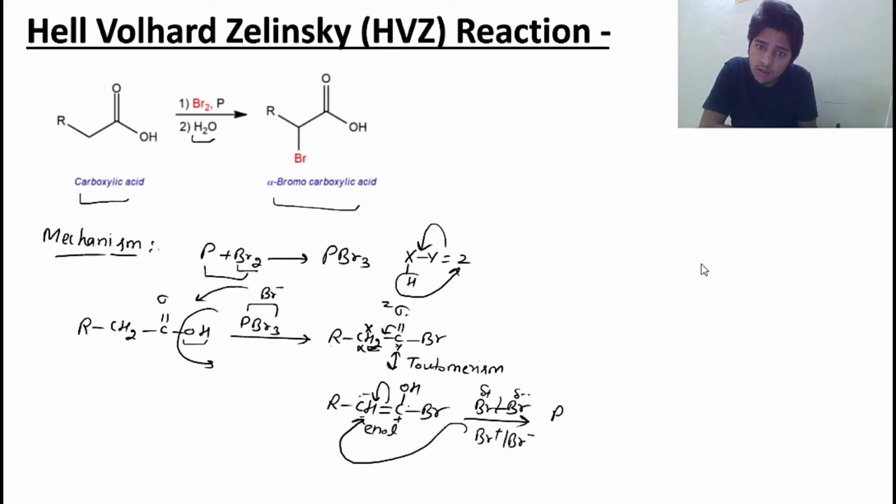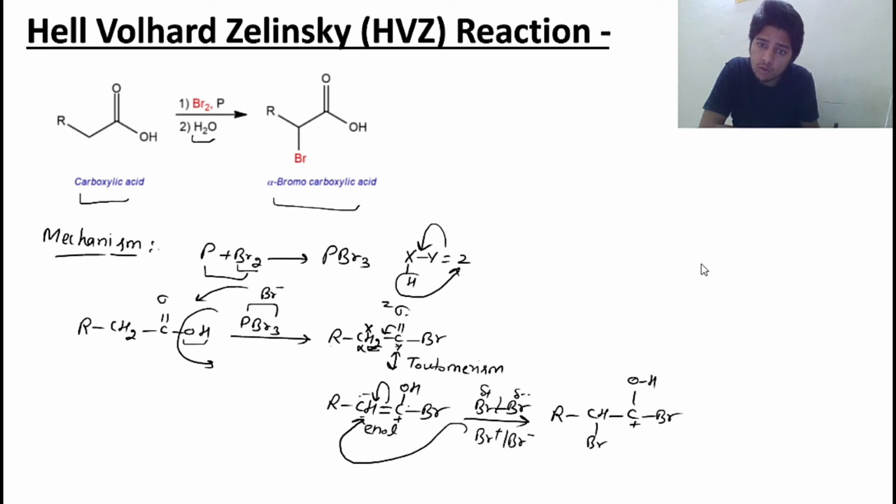Then we have R, CH, with bromine substituted here, and the carbon gets a positive charge, with oxygen, H and the original bromine.